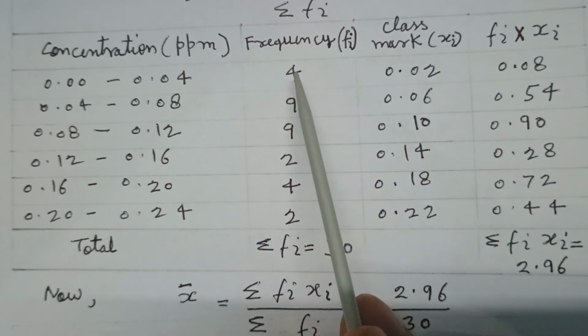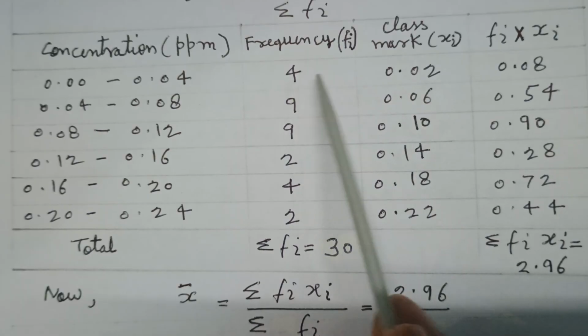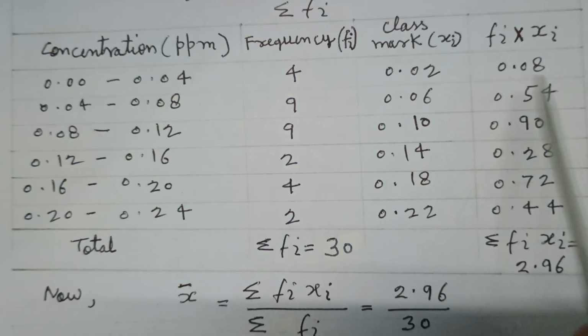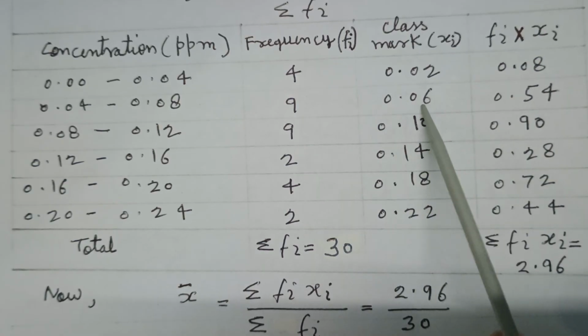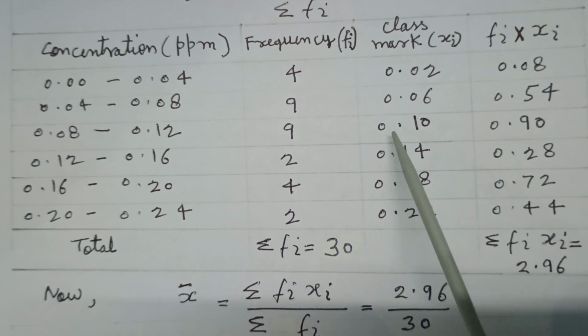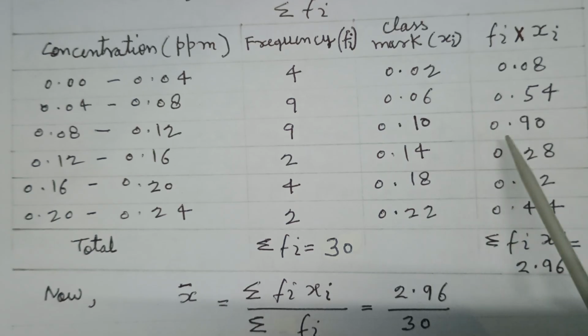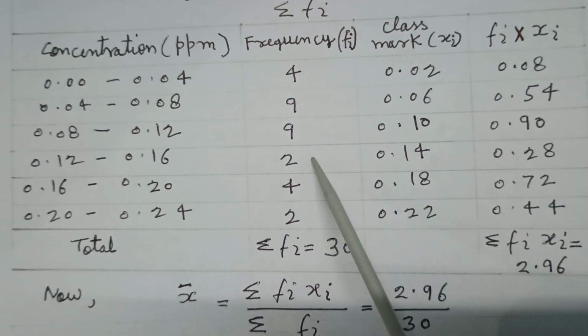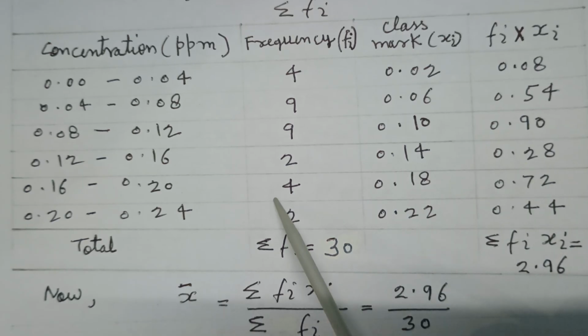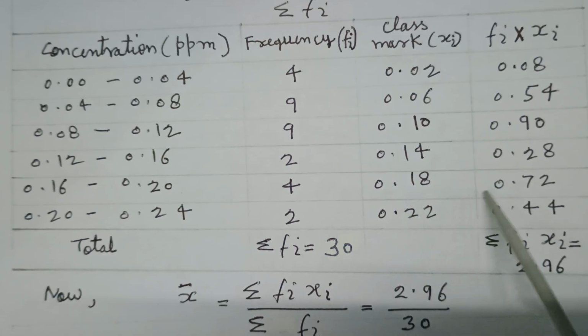So 4 multiplied by 0.02 is equal to 0.08. 9 multiplied by 0.06 is equal to 0.54. 9 multiplied by 0.10 is equal to 0.90. 2 multiplied by 0.14 is equal to 0.28. And 4 multiplied by 0.18 is equal to 0.72. And 2 multiplied by 0.22 is equal to 0.44.